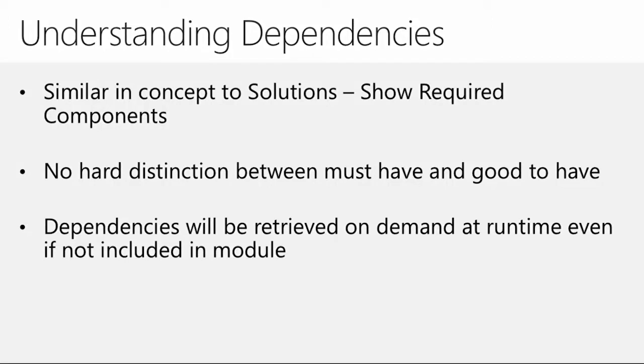Now, as you're building these, there's going to be dependencies. So if you think about how Dynamics 365 works in general, when you add specific components to a solution, so if you add a lookup menu to a solution and you don't have that entity referenced somewhere else in that solution, you're going to have issues within that scenario. Same thing with dependencies when you start talking about application dependencies and building stuff.